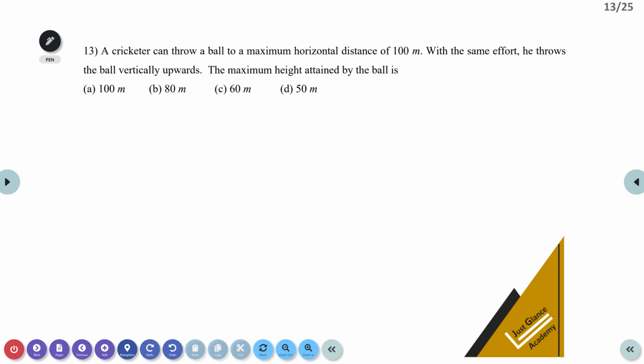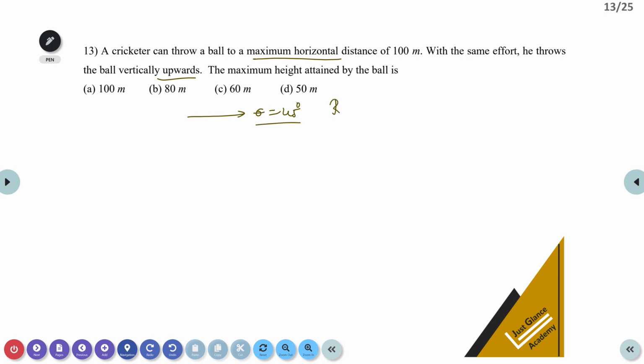Next, 13th. A cricketer can throw a ball to a maximum horizontal distance of 100 meter. With the same effort, he throws the ball vertically upward. Maximum range means theta equal to 45 degree.